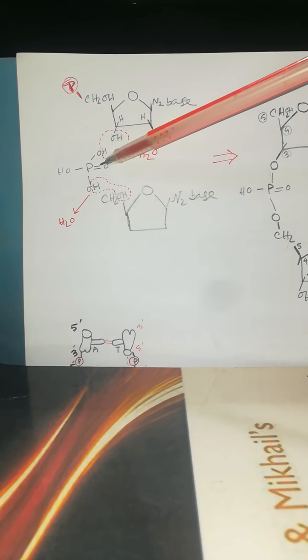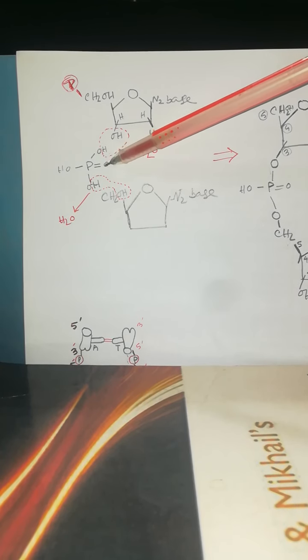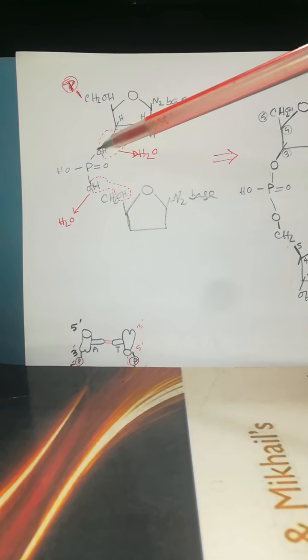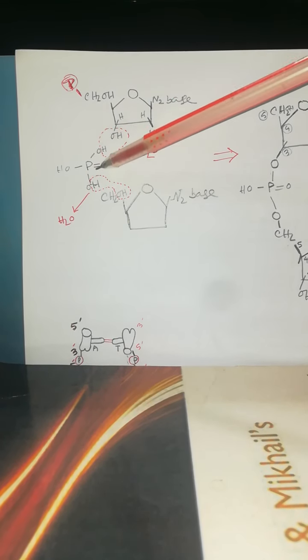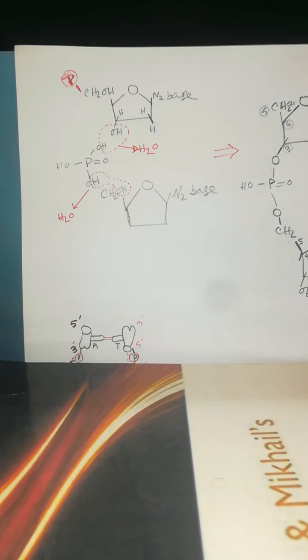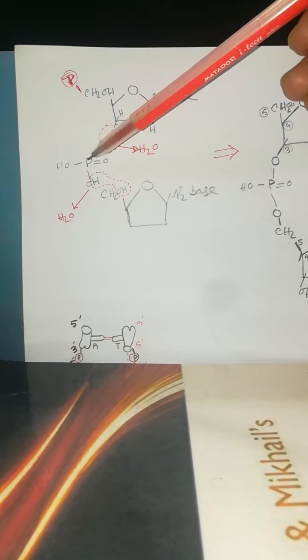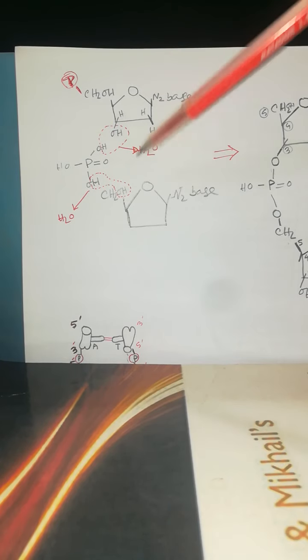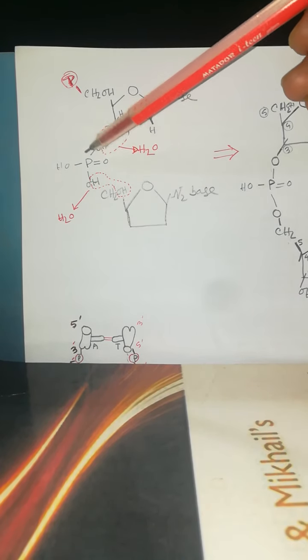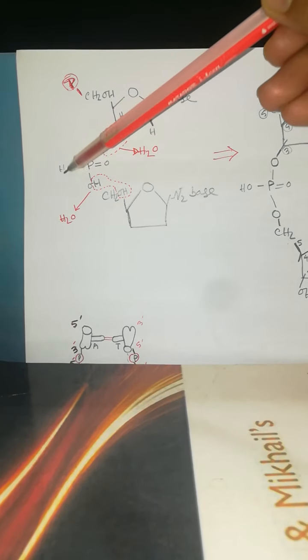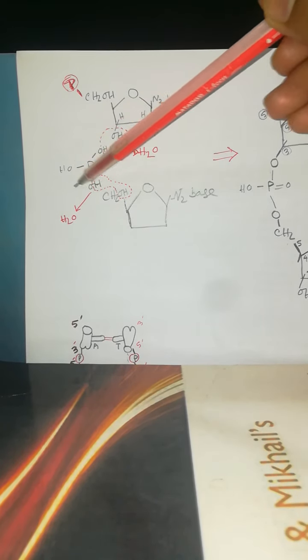Here oxygen, we know oxygen has a double bond. So 3 hydrogen and 4 oxygen, H3PO4. Now follow, between the nucleotides there is phosphate, or H3PO4. So this is the chemical structure of H3PO4.